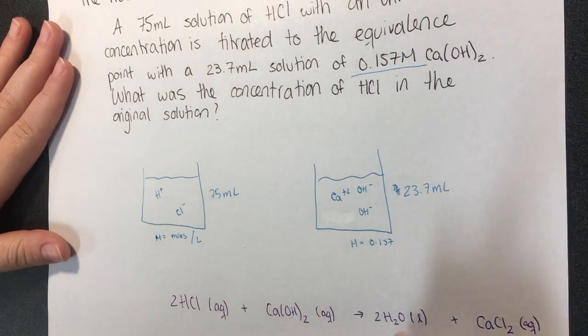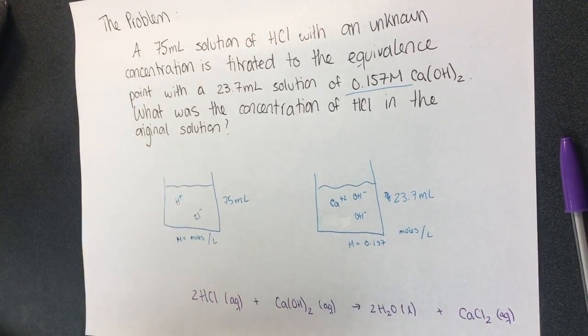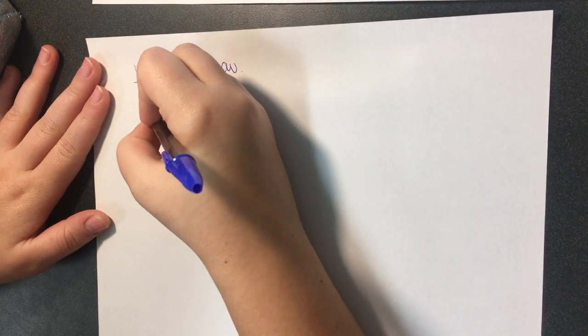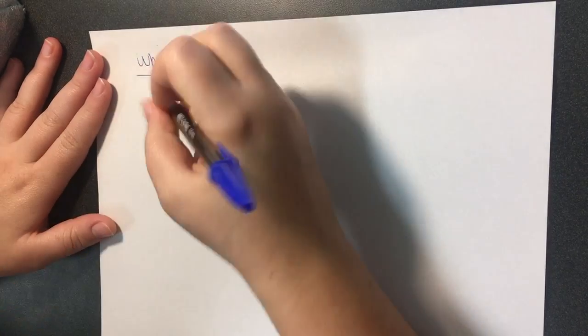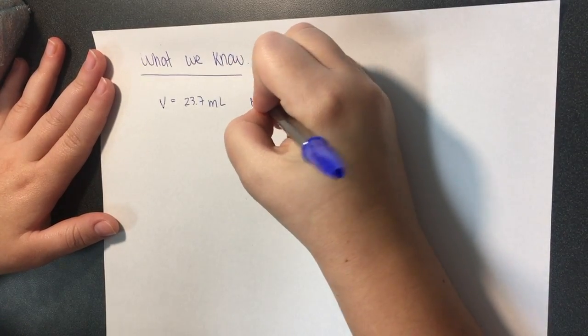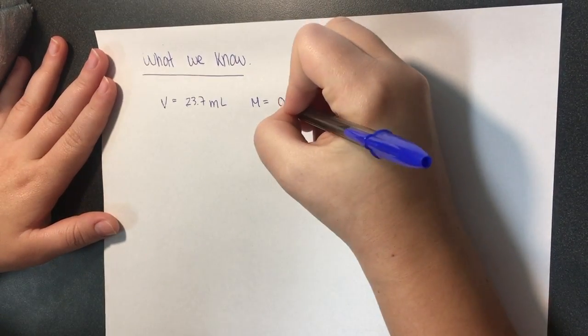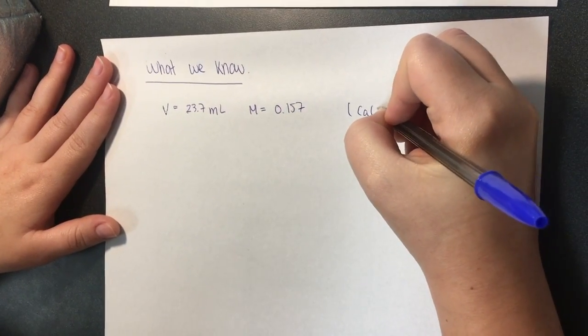And we also know that molarity is moles per liter. So what we know: the volume for calcium hydroxide is 23.7 milliliters and the molarity for calcium hydroxide is 0.157.